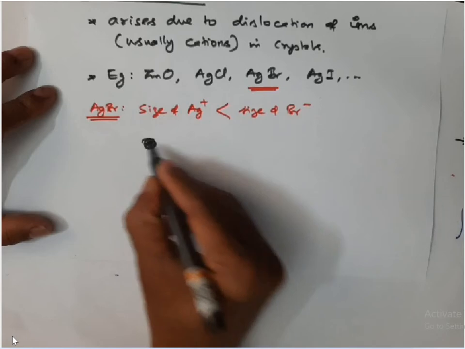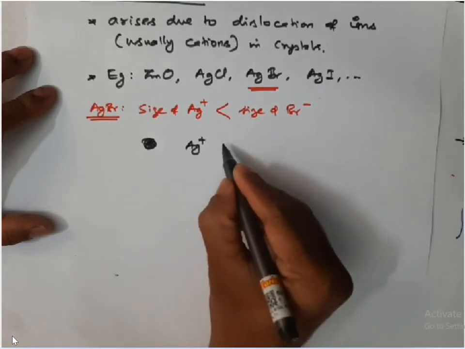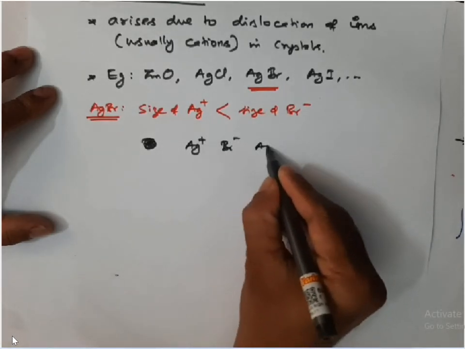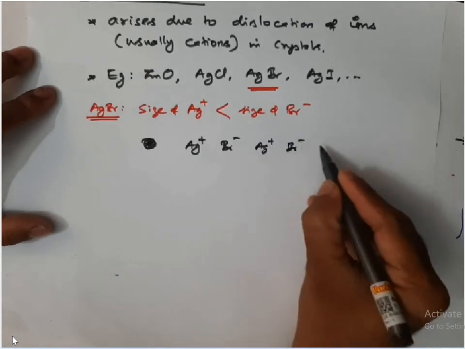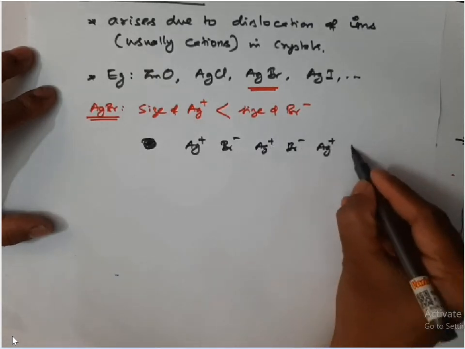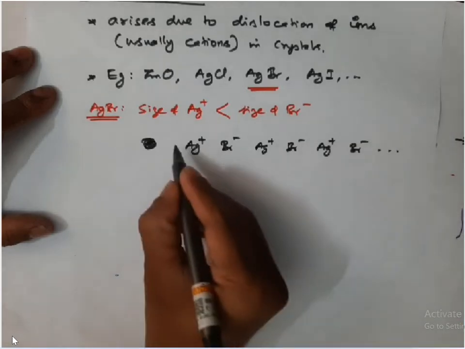Silver ion, then bromide ion, then silver ion, then bromide ion. This is how these ions are arranged in the crystal lattice.